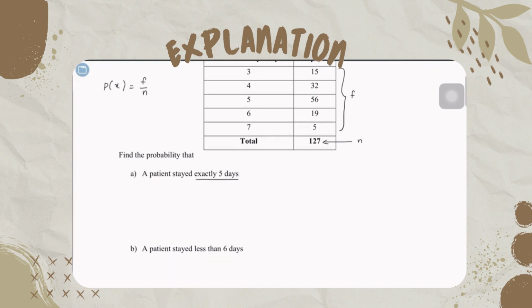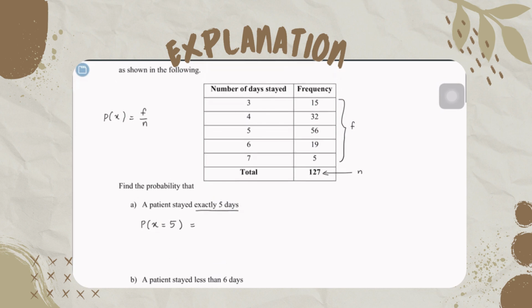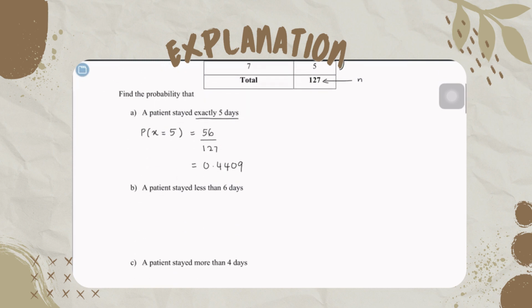So we want P(x = 5), which is 56. We go to 56 divided by 127, which equals 0.4409. That's for question 1.